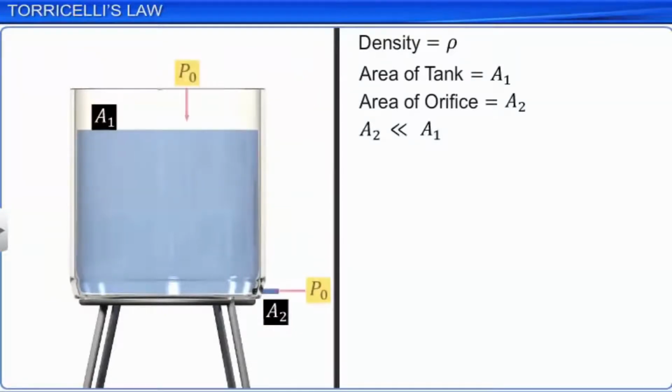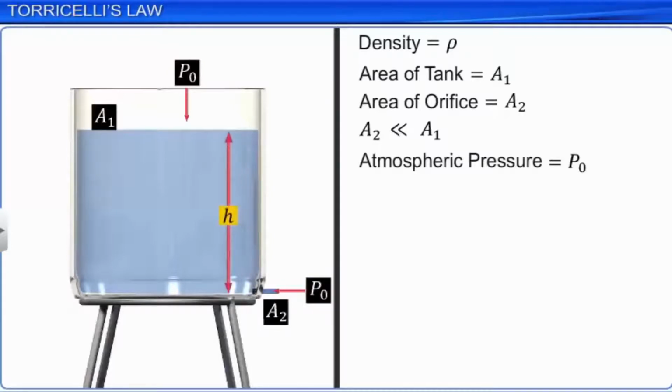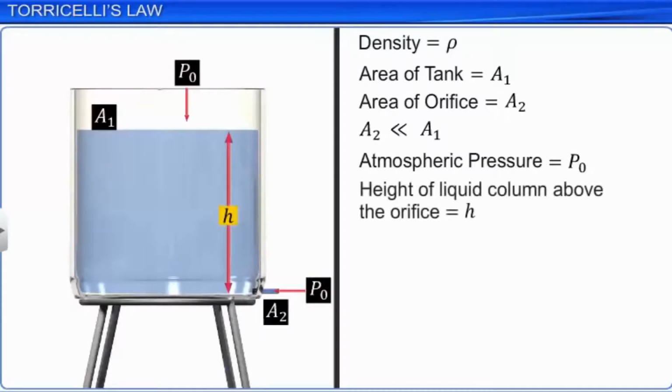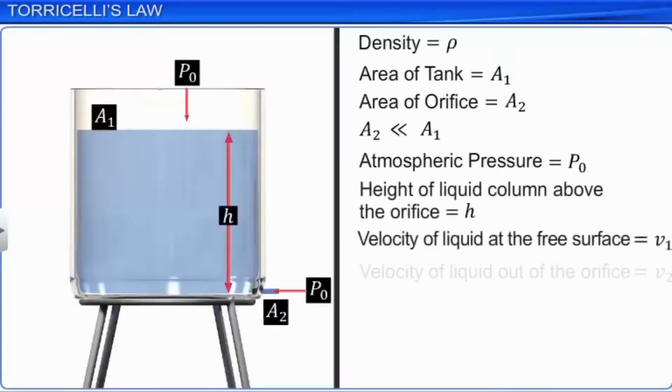Let P0 be the pressure at the liquid's surfaces that are open to the atmosphere, that is, at both the cross-sections of the tank exposed to the atmosphere. Let H be the height of the liquid column above the orifice. V1 and V2 be the velocity of the liquid at the free surface and out of the orifice respectively.